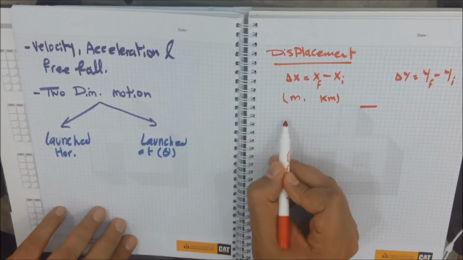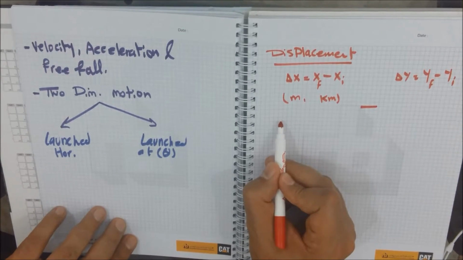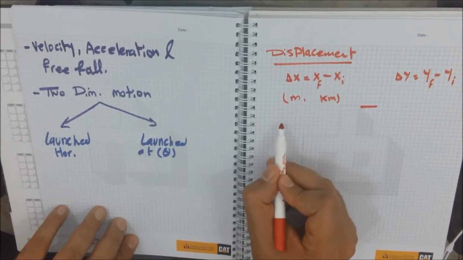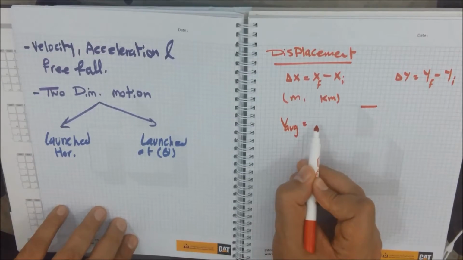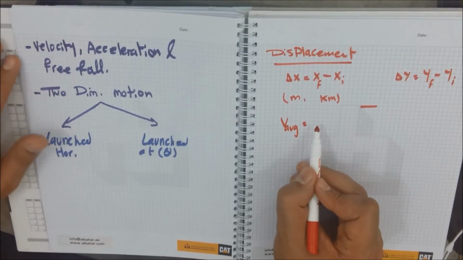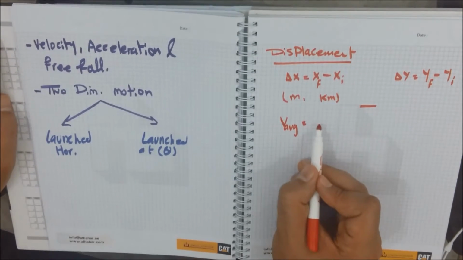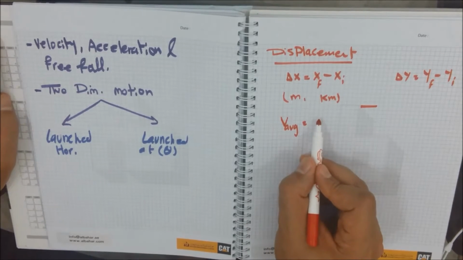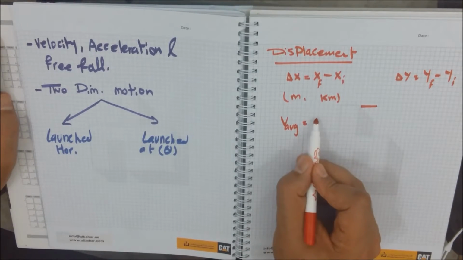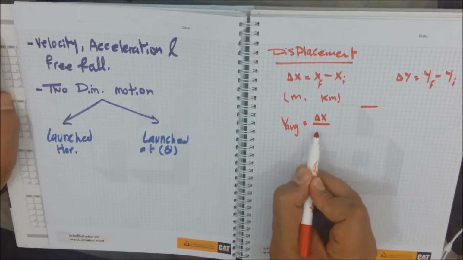The second formula that we need to discuss is the average velocity, V average, and it is defined as the rate by which displacement changes by time. So this means that it is equal to displacement over time, or delta x over delta t.